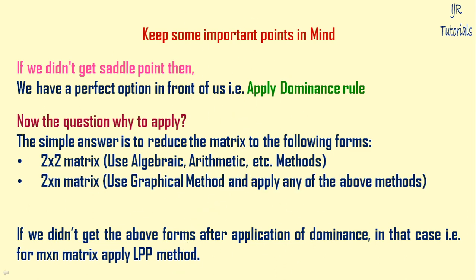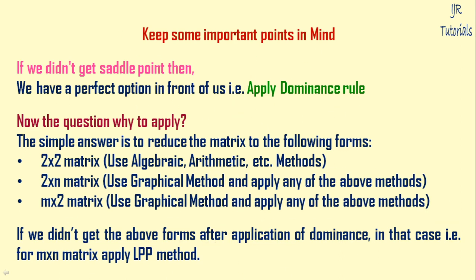The second one: if we successfully reduce the table to 2 by n, that is 2 rows and n columns, in this case we have to use the graphical method. Once we apply the graphical method, we reduce the matrix to 2 by 2 and apply the above methods. The third form is m by 2, that is m rows and 2 columns.